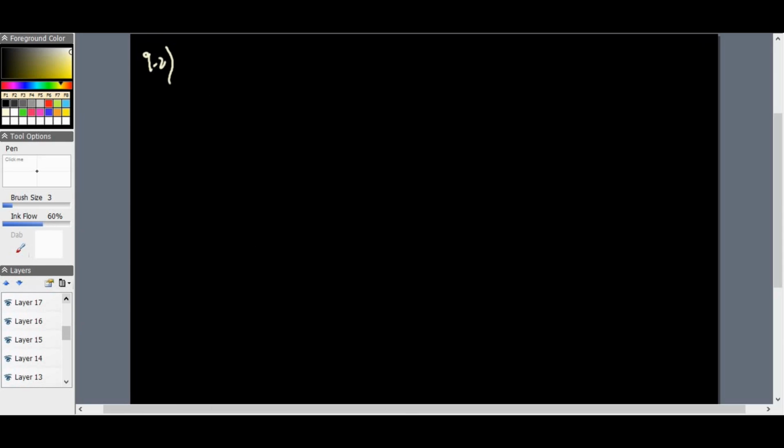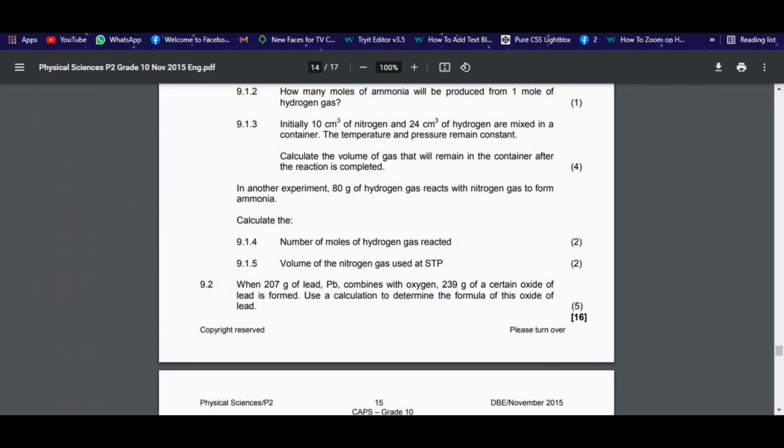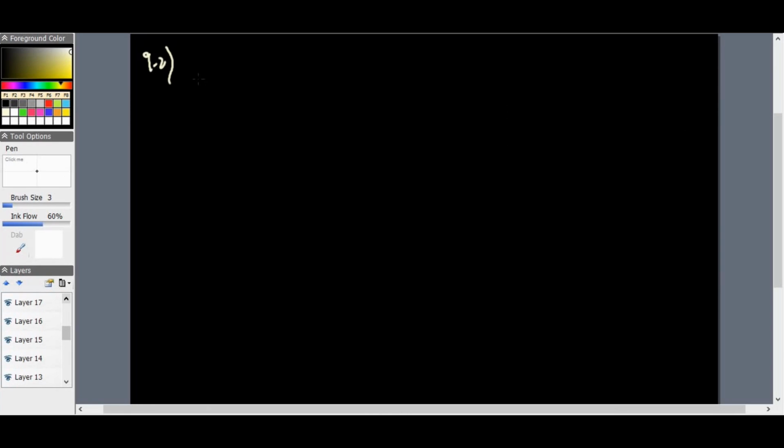So they say 207 grams of lead is used. When it combines with oxygen, the total mass is 239. So let's first have a look at the mass of oxygen, which should be equal to the total grams of the oxide, lead combined with oxygen, minus just that of the lead.